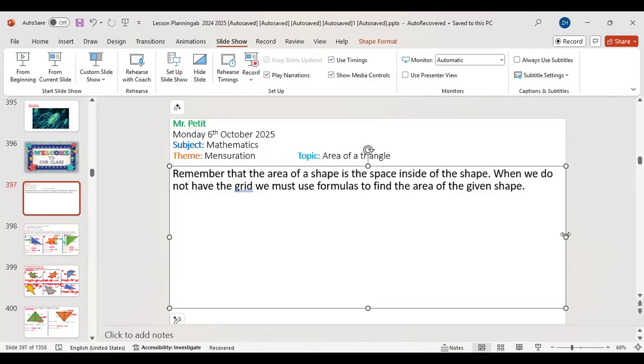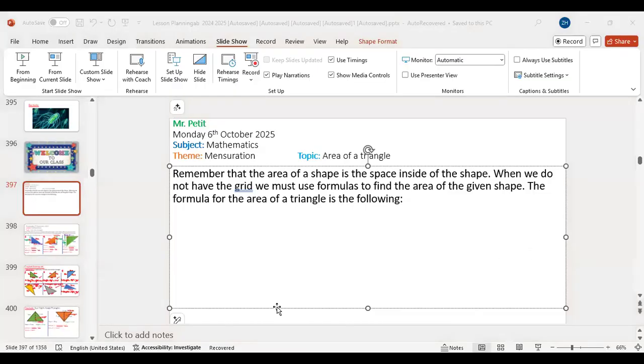But for the area of triangles, does anyone know the formula for the area of a triangle? The formula for the area of a triangle is what? Anyone know? No one knows? You're probably just shy.